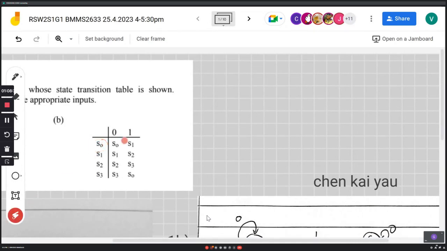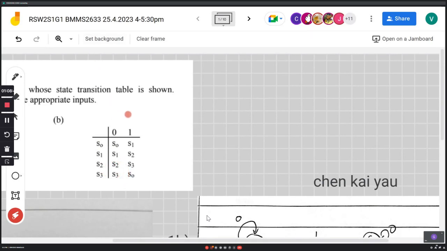After input 1, you get S1, and after input 1 again, S2, then 1 again, S3, and then 0, 0 stays at S3. So if you start from S0 for 11100, the answer is S3.